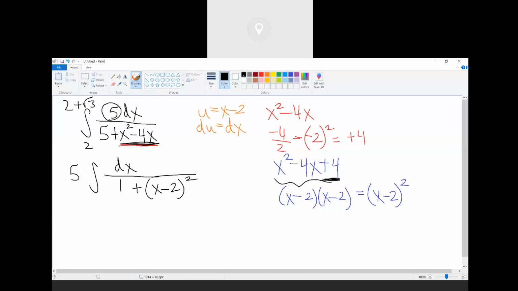Let's plug in everything. Our dx is just du, or 1 du. And our x minus 2 is our u, but it's being squared.